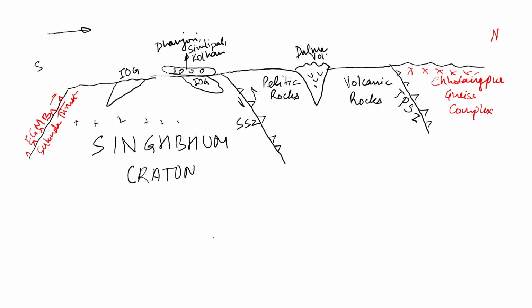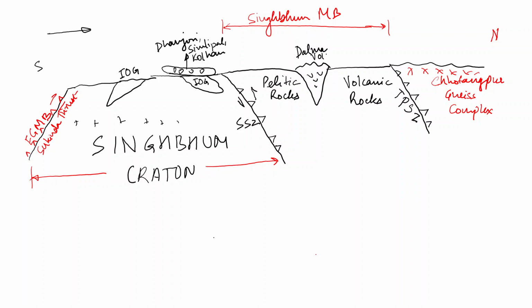All right. So this portion to this portion, it is the Singhbhum Mobile Belt, while here to here, it is the Singhbhum Craton. Okay.